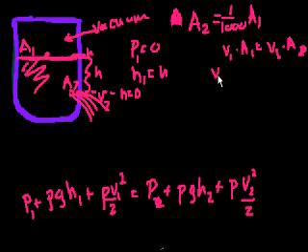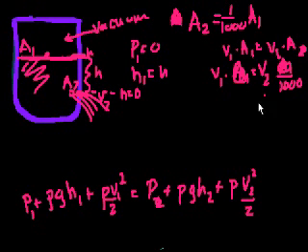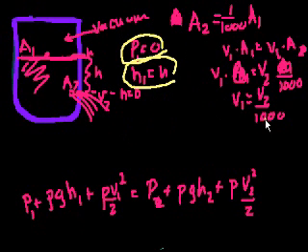So the input velocity times area 1 is equal to the output velocity times area 1 over 1,000. Divide both sides by area 1. So the input velocity is equal to v2 over 1,000, right? So that's good to know. So these are the three inputs into the left-hand side of Bernoulli's equation.